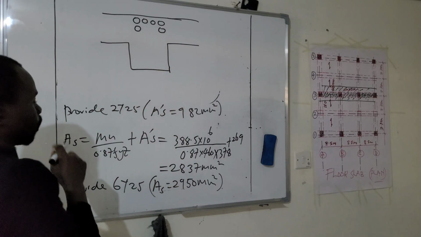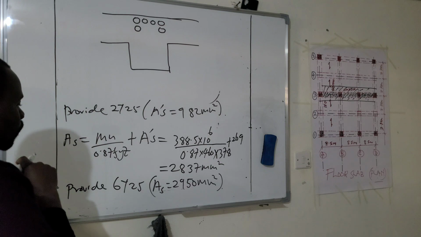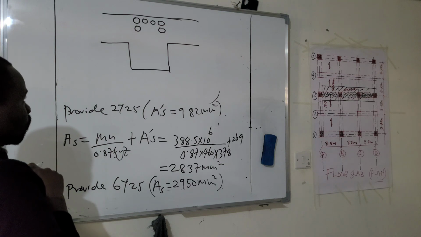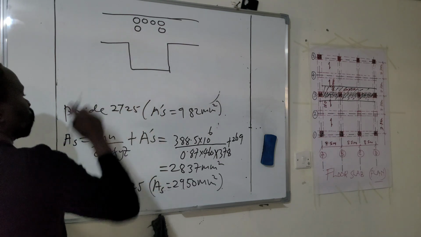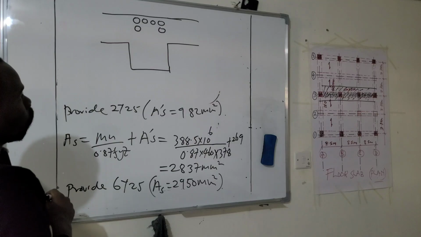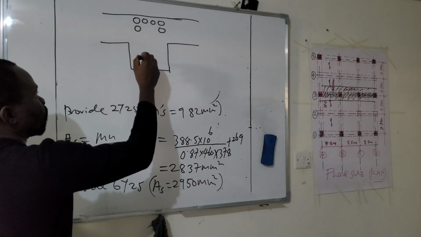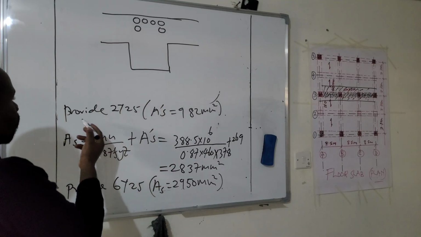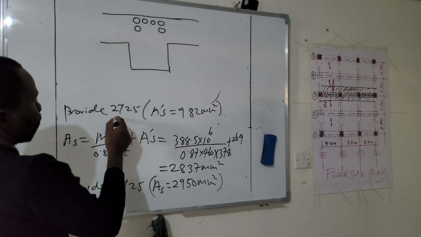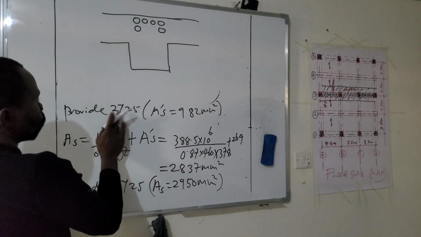So this is the tension bar. It is provided at the top because of the hogging. And then you have the compression bar, which is 2.